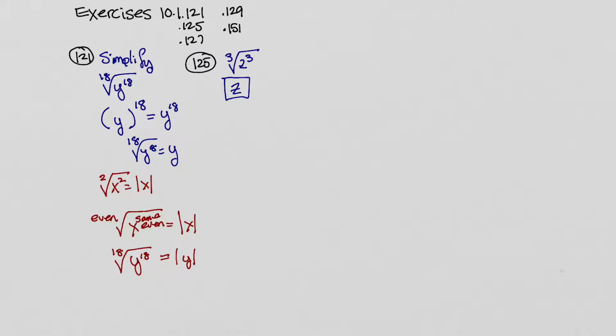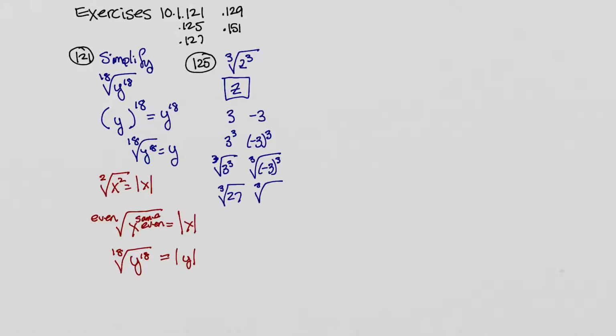Here's an explanation of why that would be true. Take a positive number and a negative number, let's take 3 and negative 3. If we cube these, 3 cubed and negative 3 cubed, and then take the cube root: the cube root of 3 cubed, which is 27, gives us 3.